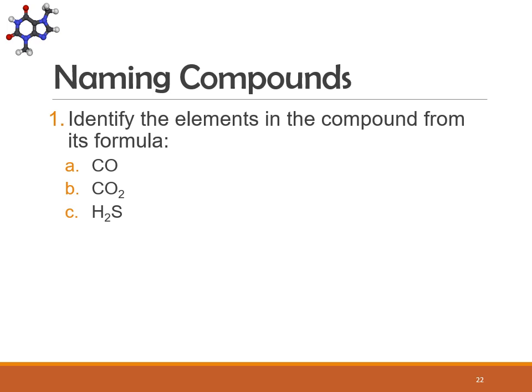Let's name the compound following a stepwise procedure. The first step is to identify all the elements present in the compound. Here we have an example, CO, CO2, and H2S. Starting with CO, CO is made up of carbon and oxygen.